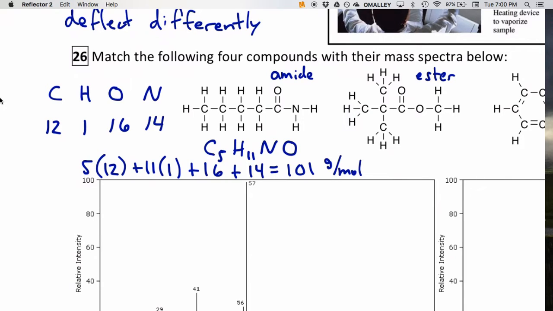And we're going to do that for the other 3. So I want you to hit pause, and I want you to figure out what's the molecular formula and then the molar mass of each of the remaining 3 compounds that you have on your notes there.